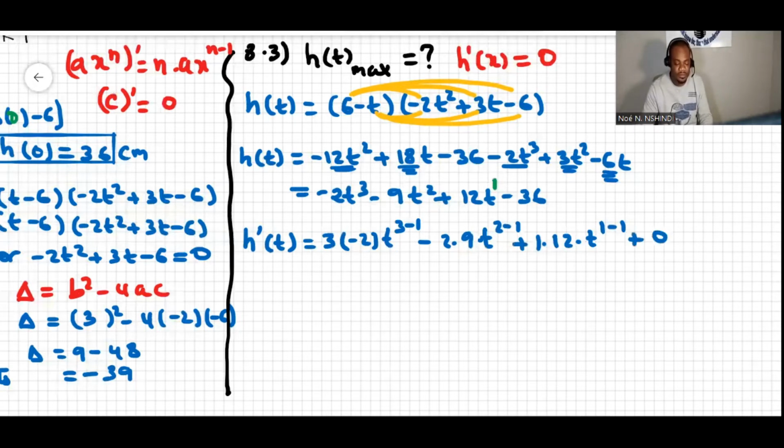Now h prime of t will be equal to negative 6t squared minus 18t plus 12.